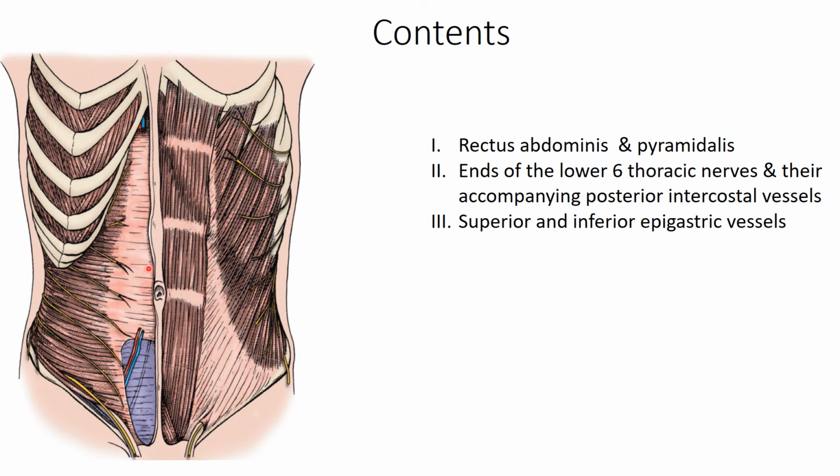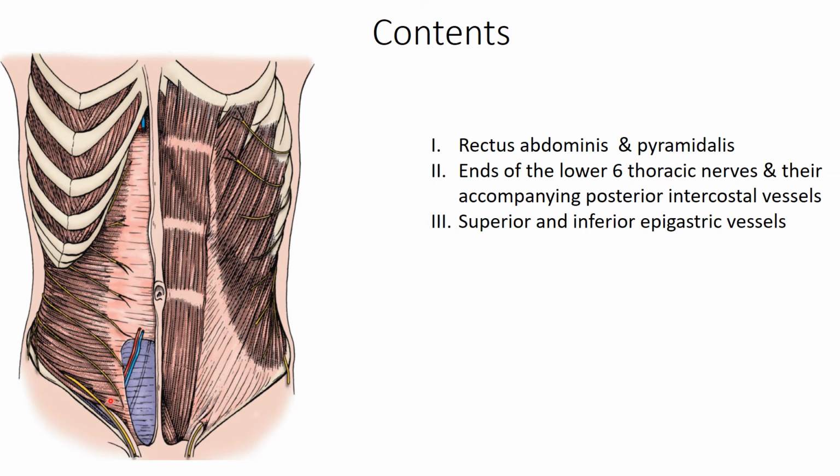Now the superior and inferior epigastric arteries. This is the inferior epigastric. This is the superior epigastric vessels. Now the superior epigastric vessels are the terminal branches from the internal thoracic, and they pass through this gap between the costal fibers and sternal fibers of the diaphragm, and continue up to the umbilicus where they anastomose with the branches from the inferior epigastric.